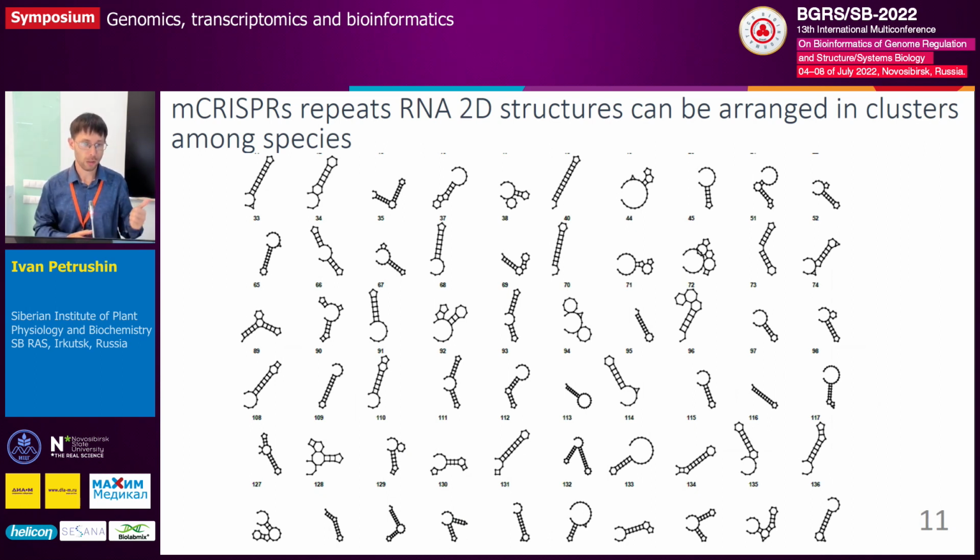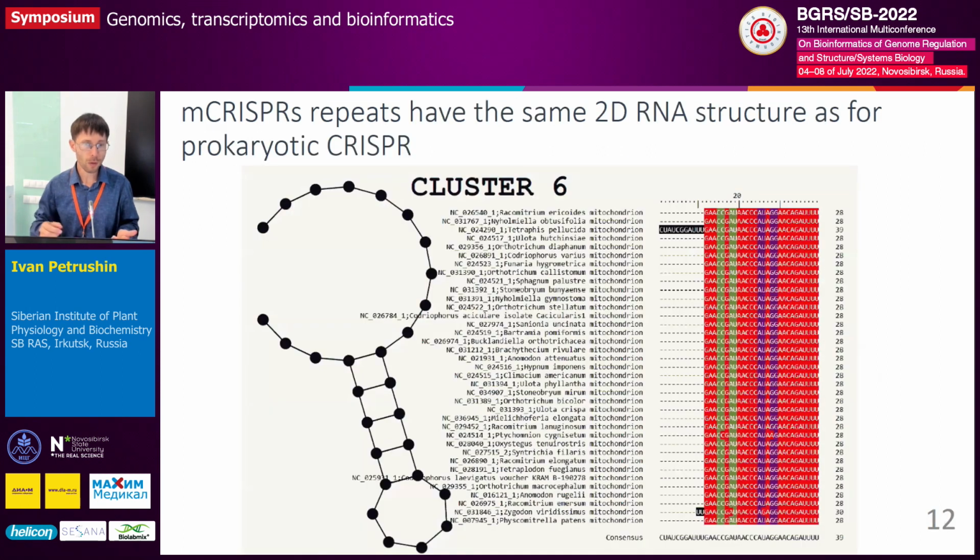On the next slide, you can see the two largest clusters of these repeats. They form a pretty hairpin that's like a bacterial one, and the repeats form clusters among species.